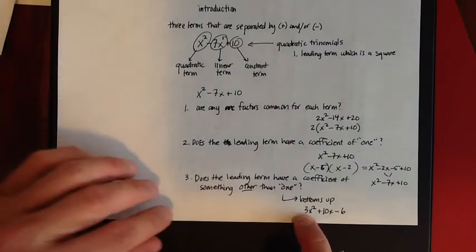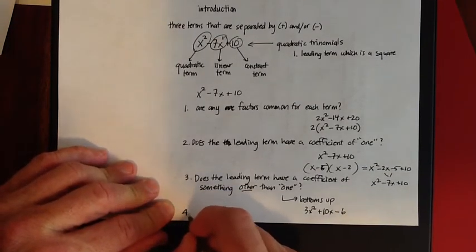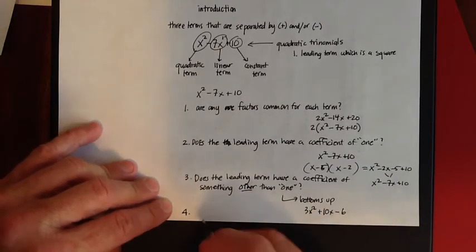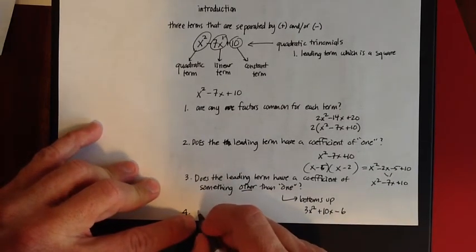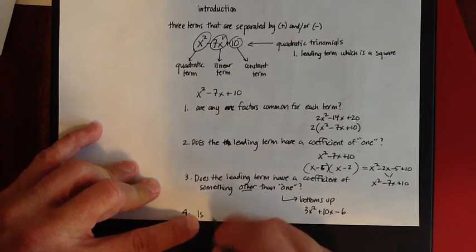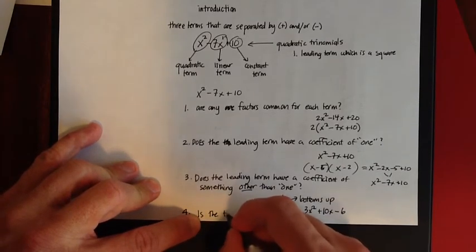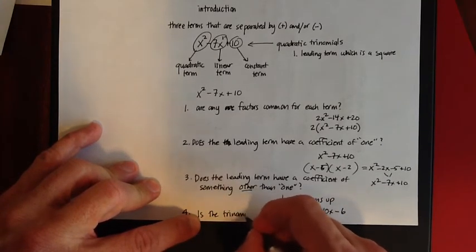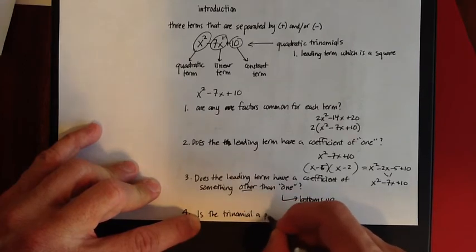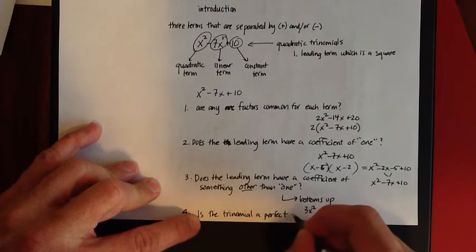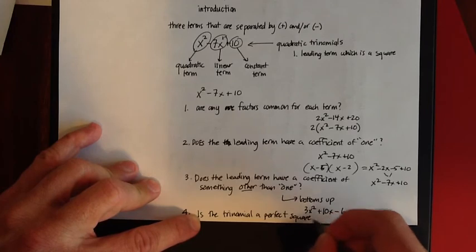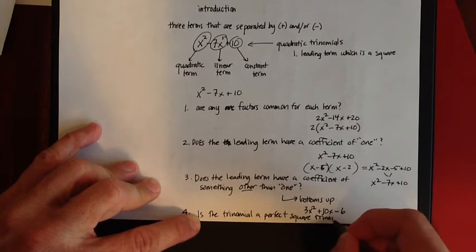And finally, the last type of trinomial that I want you to recognize is what they call a perfect square trinomial. So is the trinomial a perfect square trinomial?